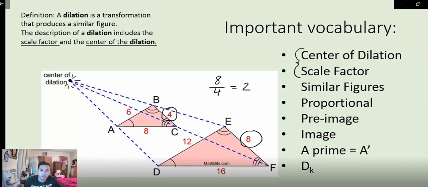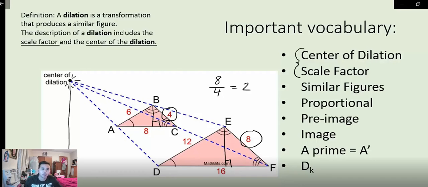Another vocabulary word that we'll be discussing is the pre-image. When we have your pre-image, this is the image that is being dilated.